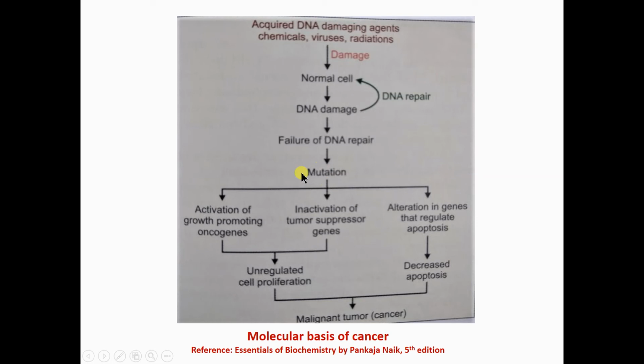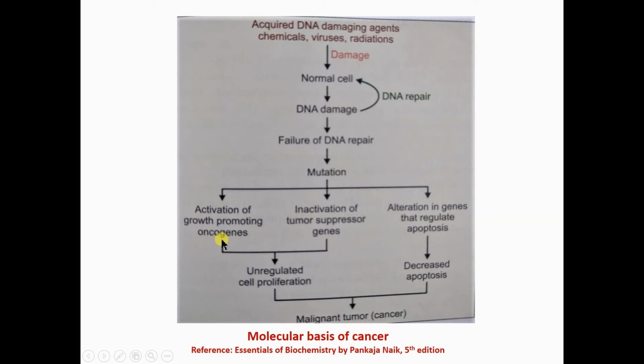Then if this mutation occurs in the growth promoting gene, that is a proto-oncogene, this proto-oncogene becomes activated into an oncogene. And if the mutation occurs in the tumor suppressor gene, that is the anti-oncogene, there is inactivation of the tumor suppressor gene.